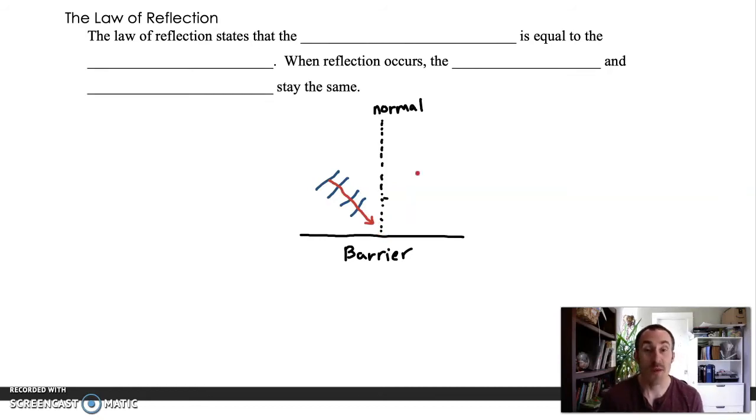You may not have had a lot of experience with this before, but let's say you're in a swimming pool and you've made some sort of wave toward the edge. When it bounces off the wall, it's going to bounce back at you. But if you pushed water at an angle against the wall, it would reflect off the wall and not bounce back at you. You probably haven't experienced that. It's going to bounce in the opposite direction.